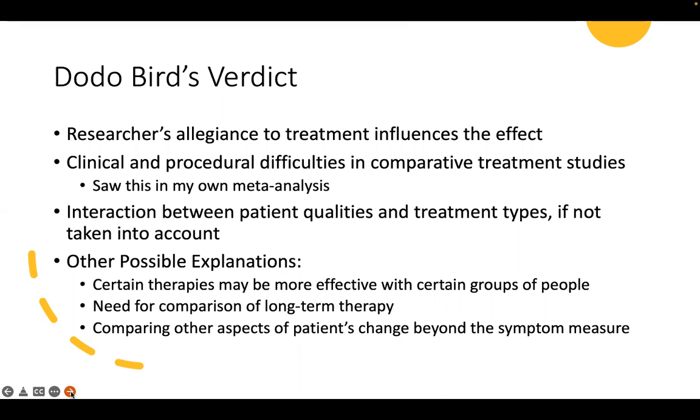And that was one of the things that was found in the research regarding specific treatment models: clinical and procedural difficulties in comparative treatment studies, meaning that they were inconsistent. There's no standard for what you should be reporting on. It's kind of up to the researcher to determine the story that they want to tell.